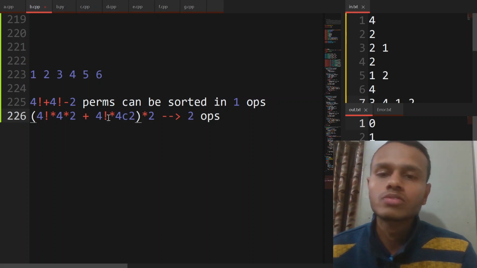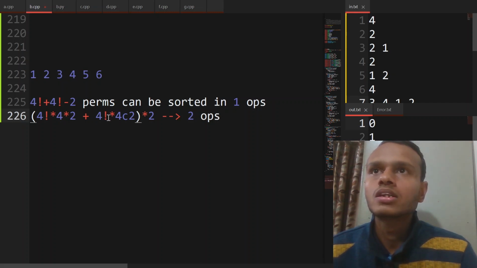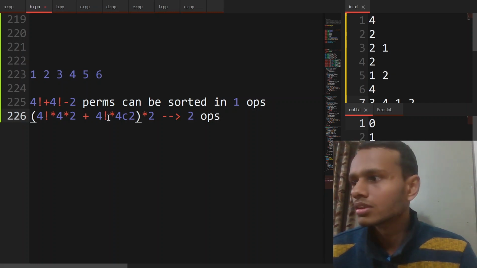Because if both of them are present there, then we have a constraint. Also, even if only one element is present, then also we have a constraint.